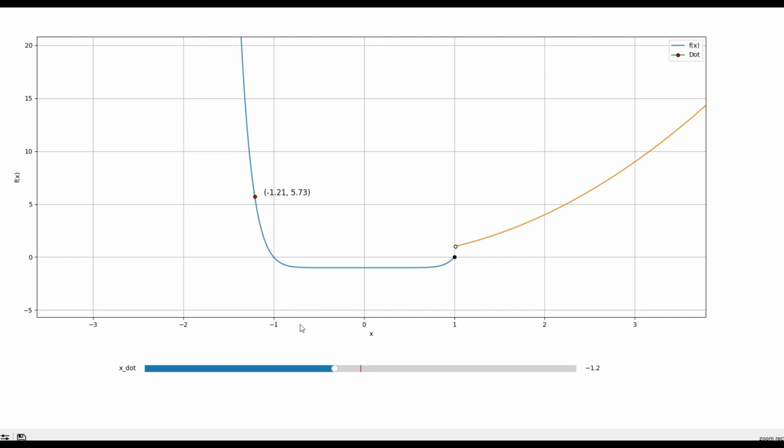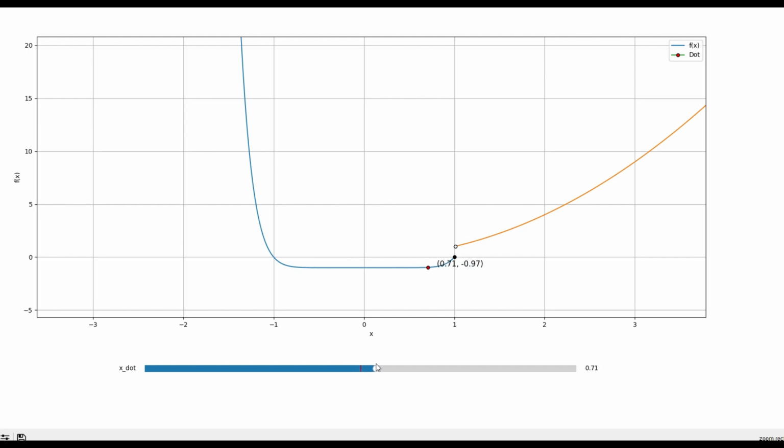Between -1 and 1, the numbers are fractions, and any fraction to the power of 10 is a very small number, so since we're subtracting 1, approximately it is always -1.